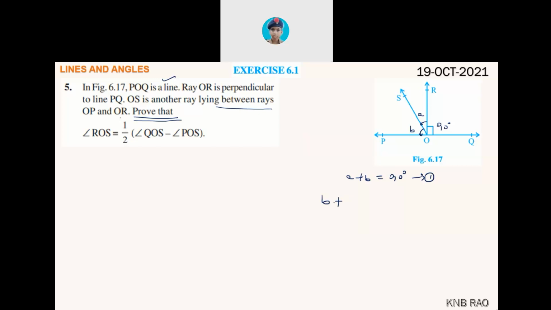So, okay, let me write in full. No problem. I'll write as you said. Angle POS plus angle SOQ is 180 degrees. This is your next statement. Okay, accepted.